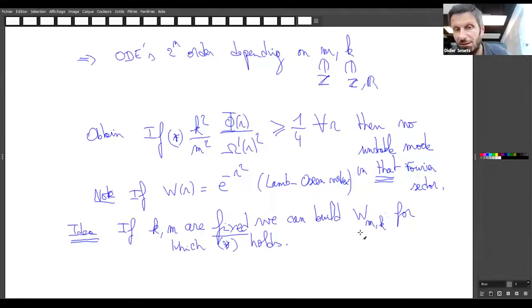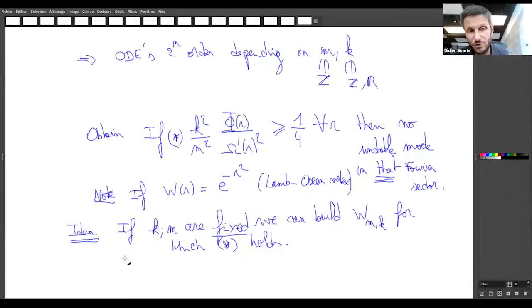Of course, star will not hold for different values of M and K, but for one specific choice of Fourier sector, we can find a vortex profile for which there will be no unstable mode in that Fourier sector.